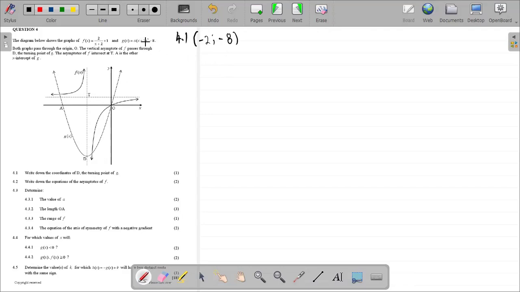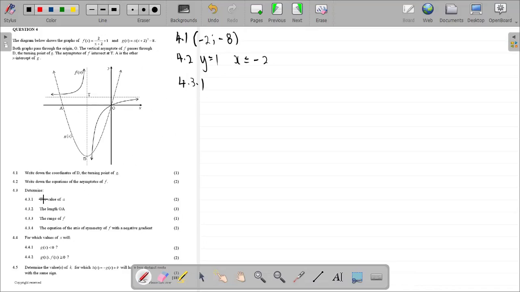Then 4.2, they say write down the equations of the asymptotes of f. Again, we get them from here and here. So it's going to be y equals to 1, x equals to, we change the x here, it becomes -2. The same thing we did here with p.